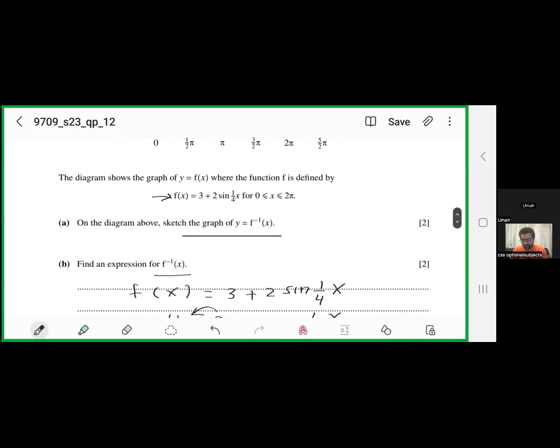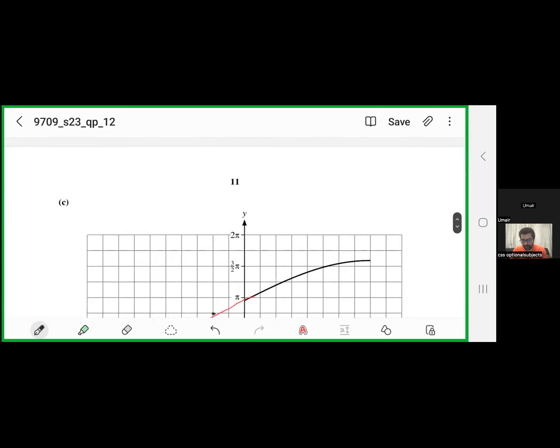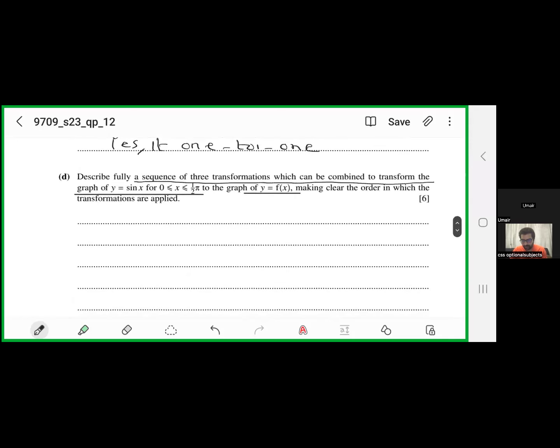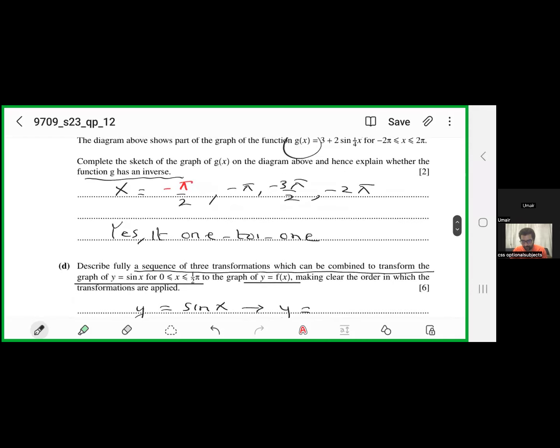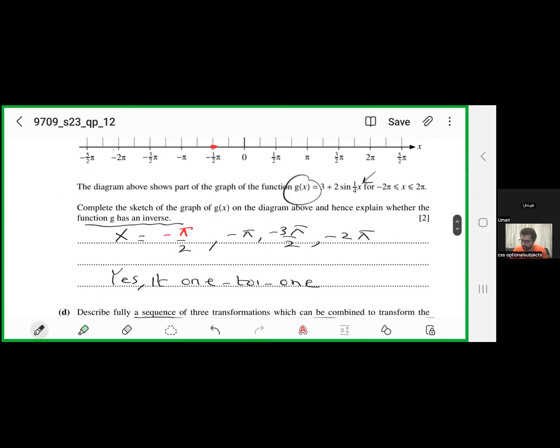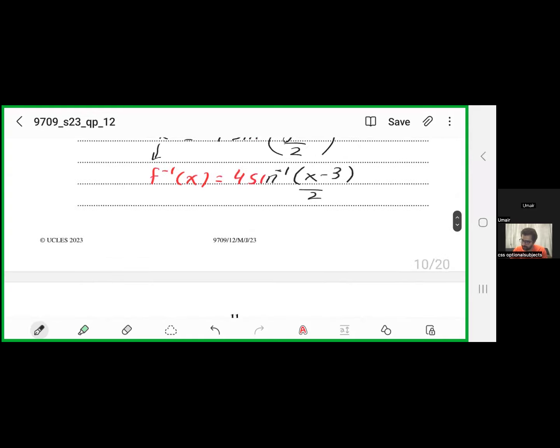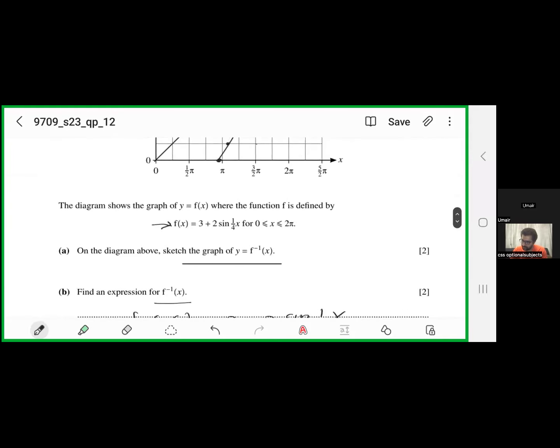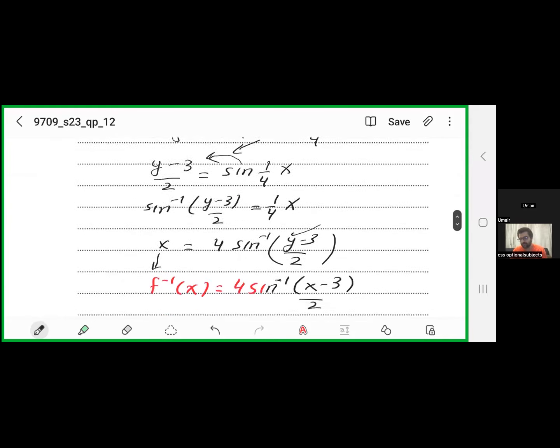So you have to transform your graph y = sin x into y = 3 + 2 sin(1/4 x), if I'm not wrong. Yeah, it's fine.